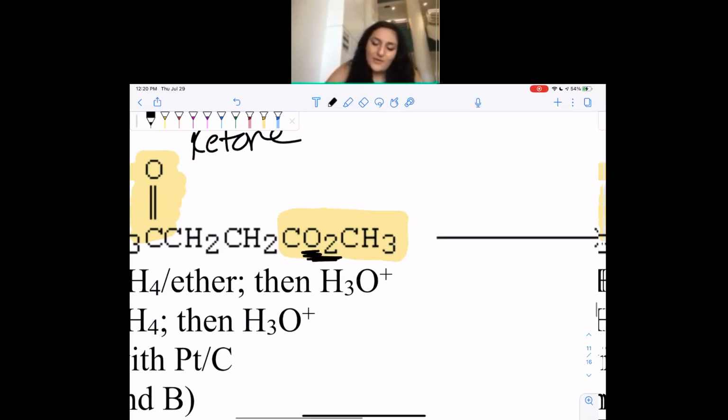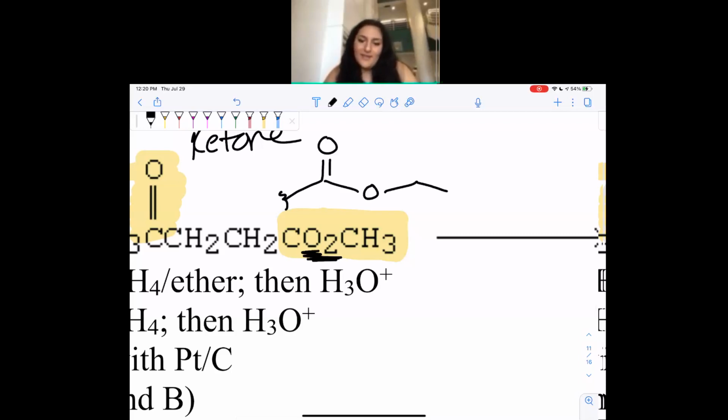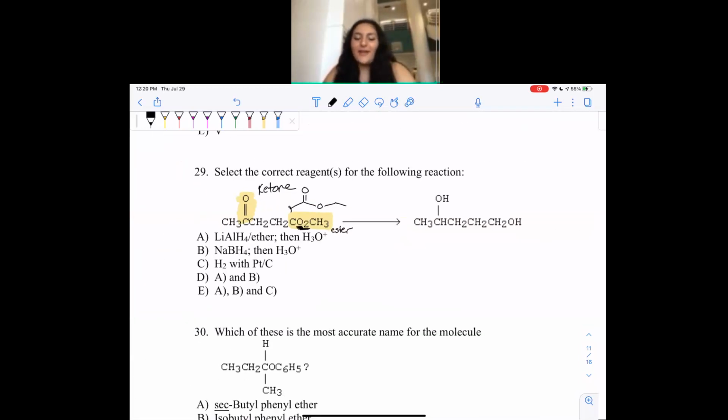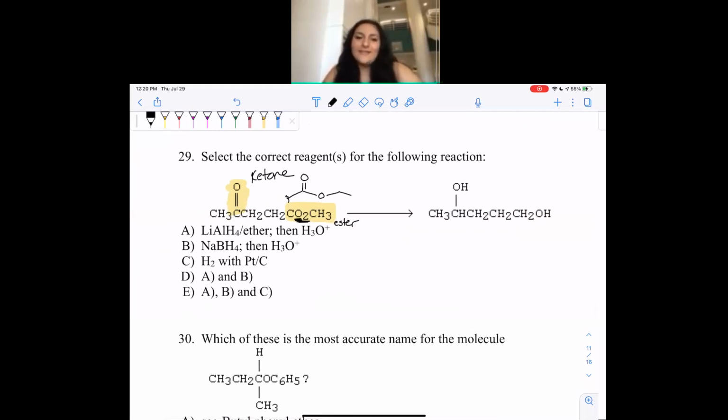So, CO2 looks like that. So, this is in fact an ester. Don't be discouraged though. I only trick you to help you realize what you need to study. Curse these dang functional groups.